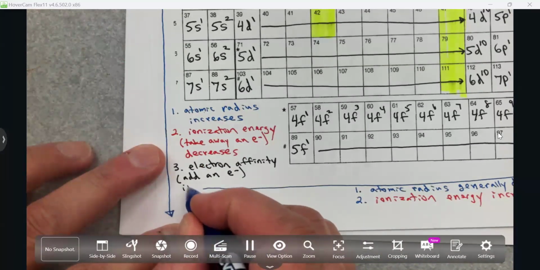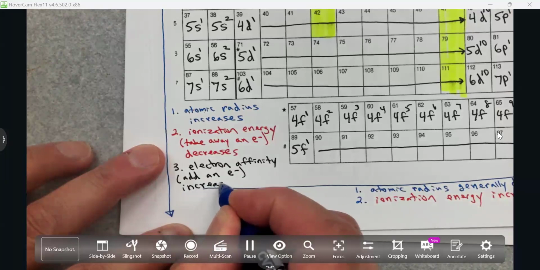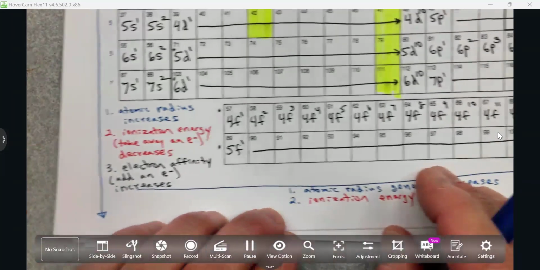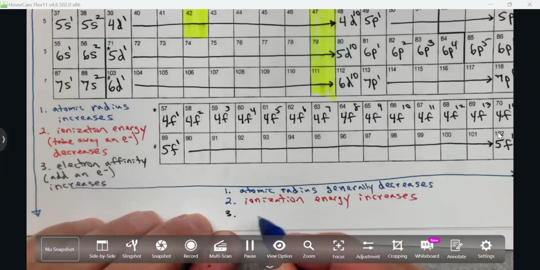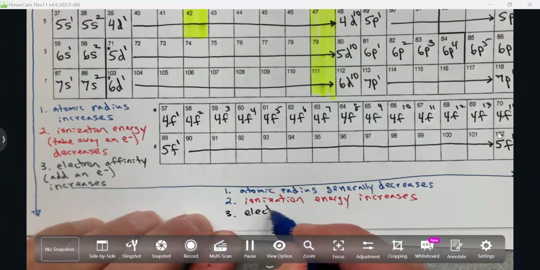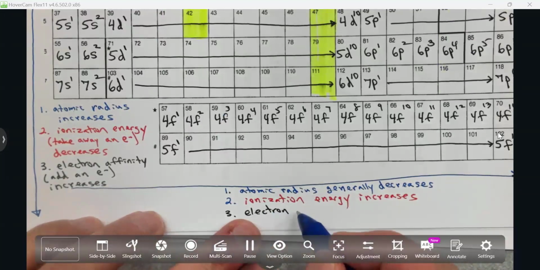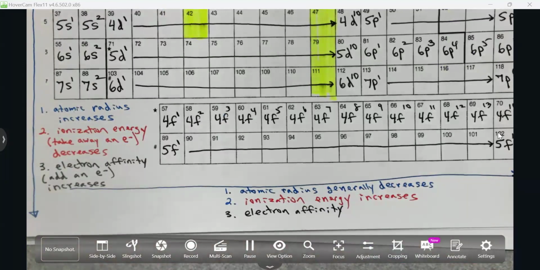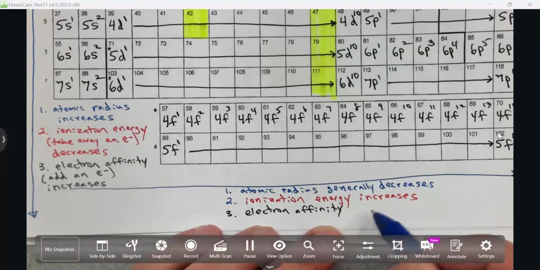Electron affinity increases going down. And here, electron affinity decreases. It wants an electron anyway. Generally, yeah, generally, decreases.